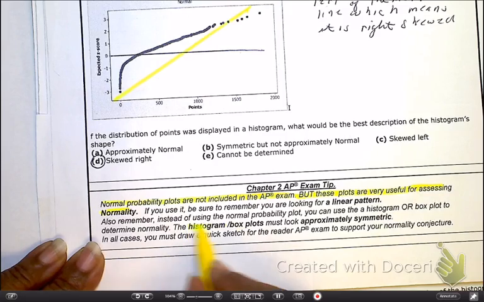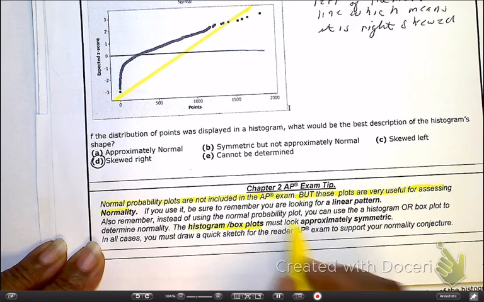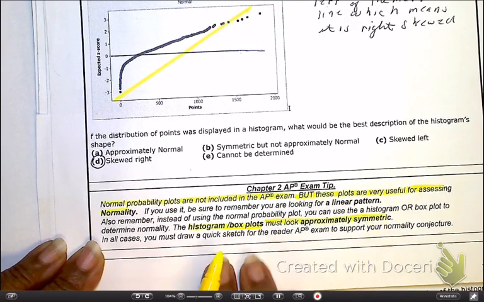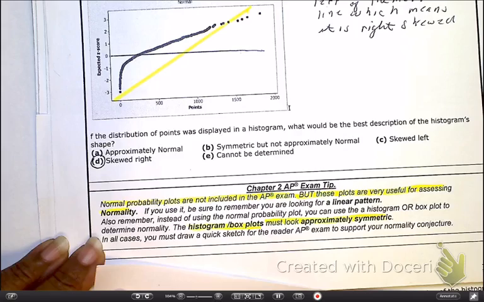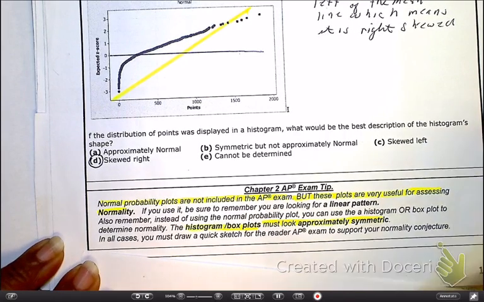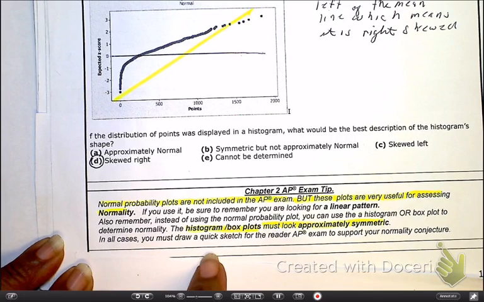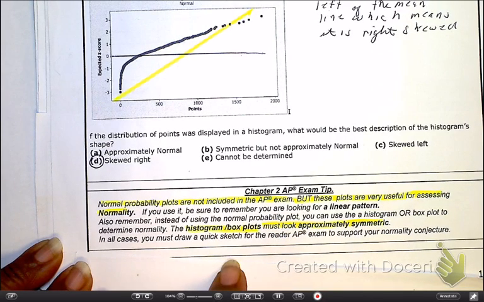And remember, we can always use the box plot and the histogram to look for approximate symmetry, and if it's approximately symmetric, we can assume, and it's reasonable because we just did it a couple of seconds ago, that it is approximately normal.